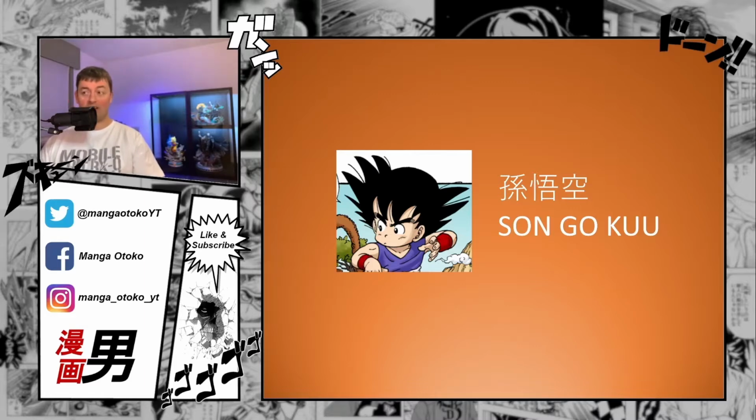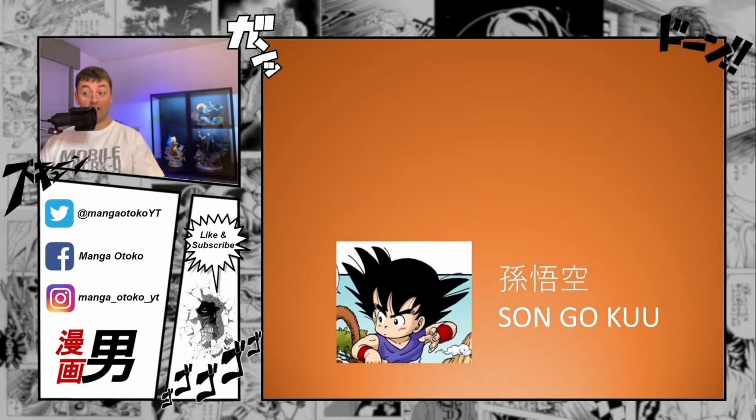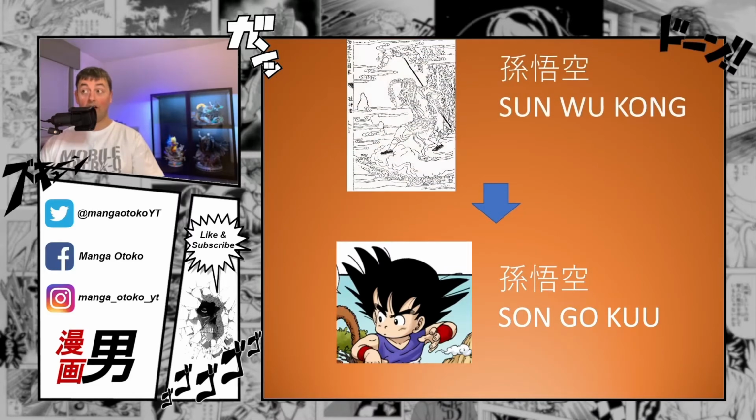That's because his name is actually taken from an old Chinese folk tale, and this Son Goku is actually inspired by Sun Wukong, which is one of the main characters of the story Saiyuki. Now, Saiyuki is, as I said, an ancient Chinese tale which got translated into Japanese, and here you see his original depiction.